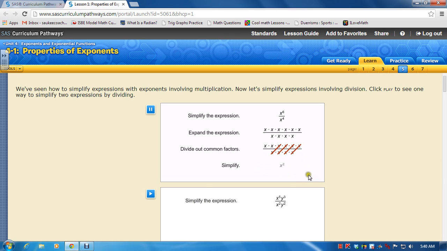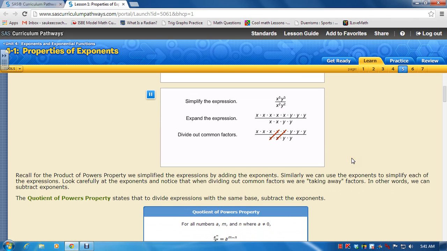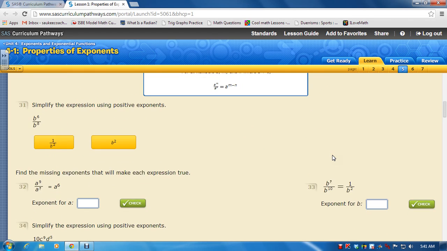I'm left with x squared on the top. Same thing here. I could expand it all, simplify the two x's, simplify the two y's, be left with an x cubed and a y. Or, as we know, we could have simply subtracted those exponents as our quotient of powers property is written.